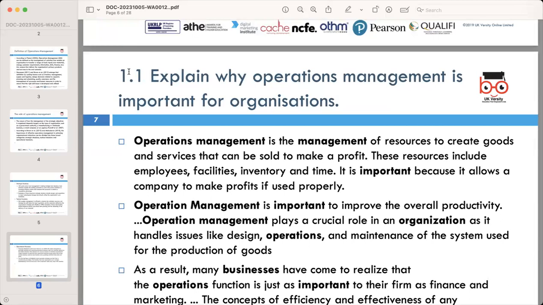So why is operations management important for organizations? Any idea or any comments, Khurram, why it is important? Yes. This is very important because all the business depends on operation management.